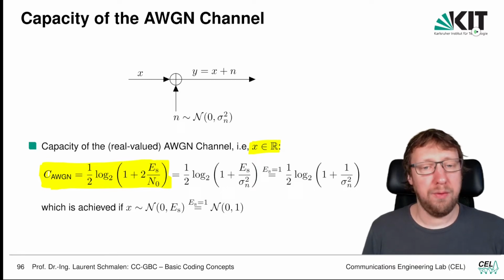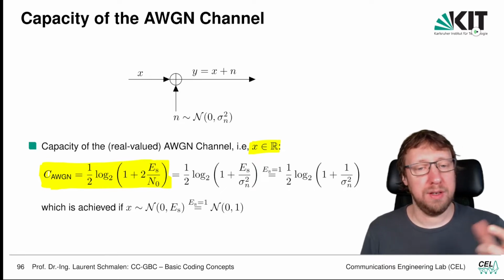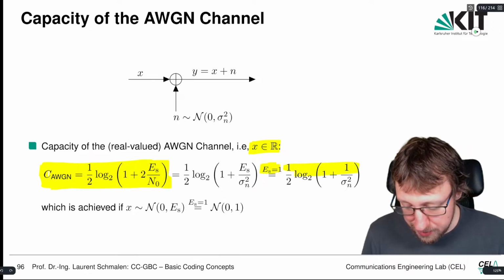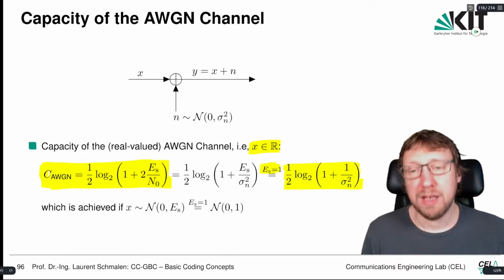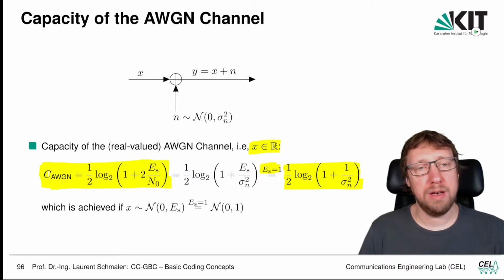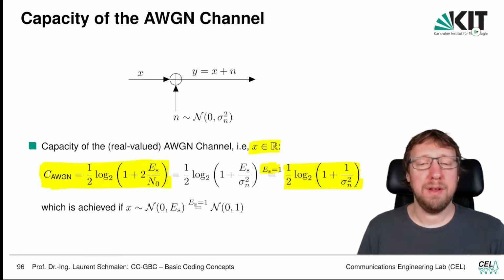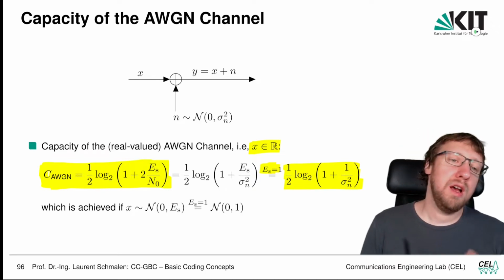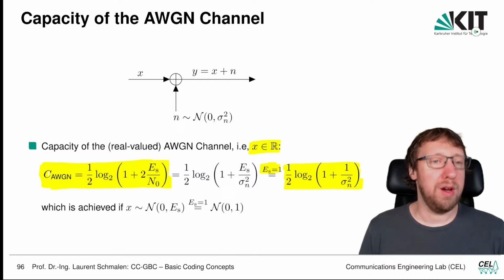Or if we normalize our input to unit energy, so if Es is equal to 1, it's 1/2 times log 2 of 1 plus 1 over sigma_n squared. 1/2 is due to the fact that we assume a real valued channel input. So we lose 1 degree of freedom essentially.